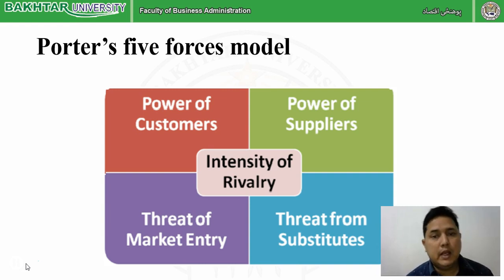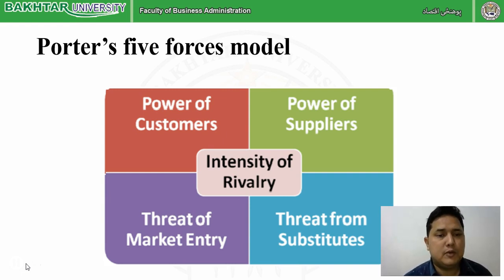But if there are many suppliers, then being a project manager or project organization, I have more options. So as the number of suppliers increases, the power of the supplier decreases. The bargaining power of a supplier depends on how many suppliers there are. If the number of suppliers is larger, the bargaining power of the companies, or of project managers, increases, or the reverse.